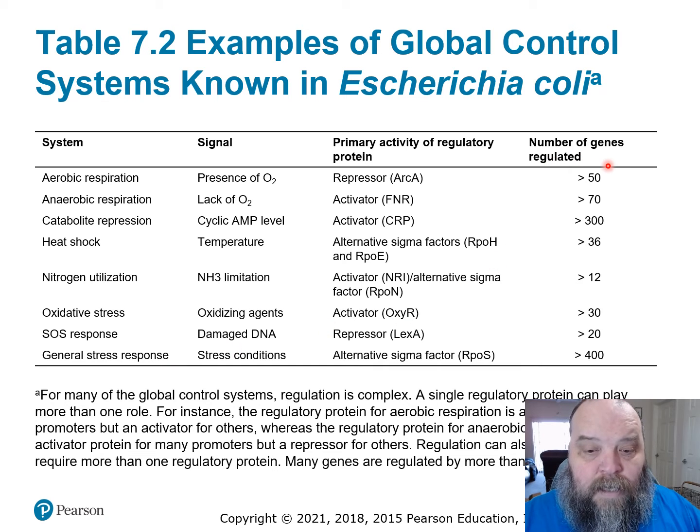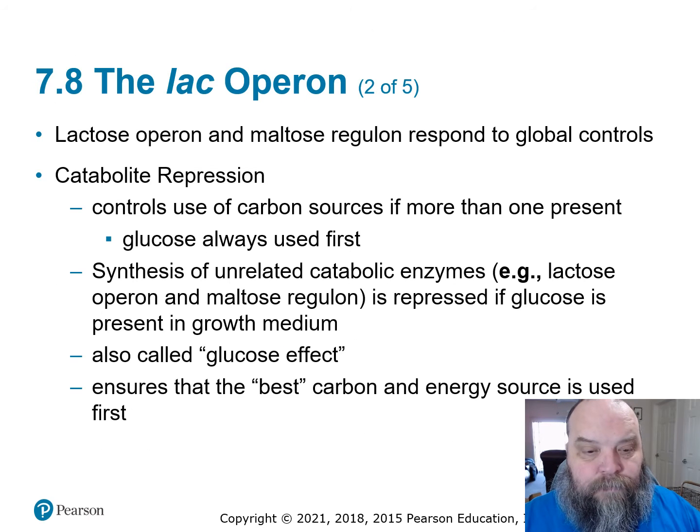The genes that are regulated can be anywhere from a dozen to hundreds. And it's all because of high or low levels of cyclic AMP made in response to something. Is ammonia present or not present, was DNA damaged, and whatnot.